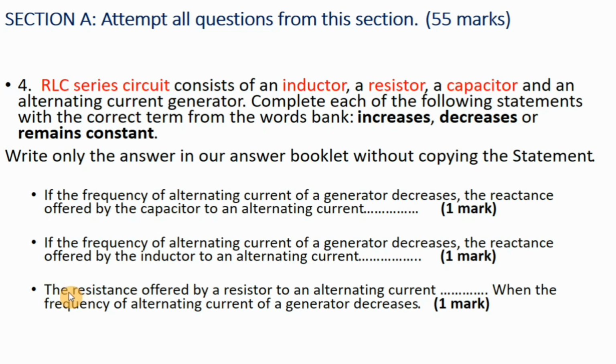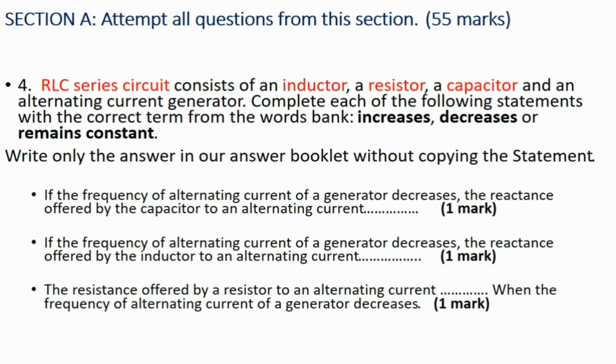The next statement says that the resistance offered by a resistor to alternating current dash when the frequency of alternating current of a generator decreases. We are going to see whether we put increase, decrease, or remain constant.